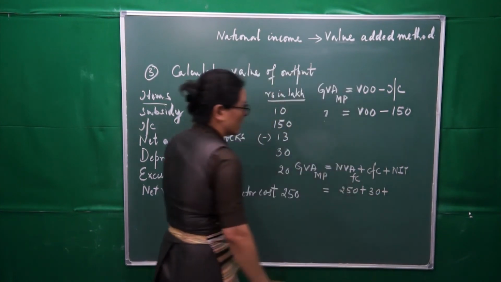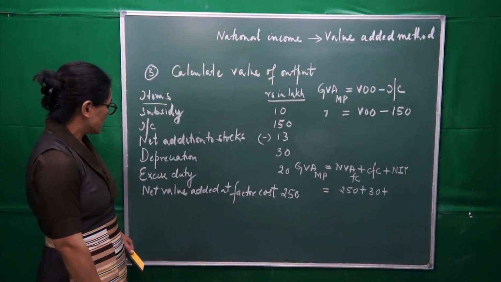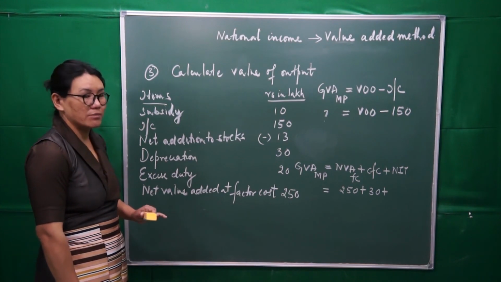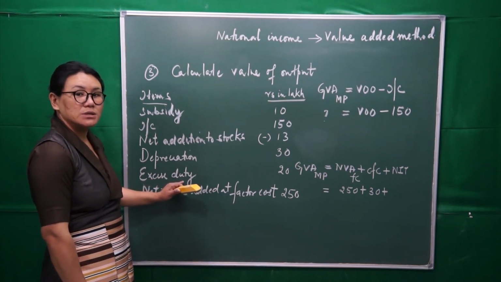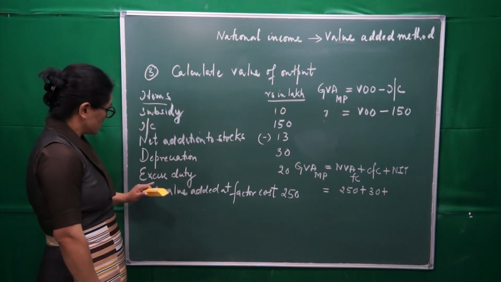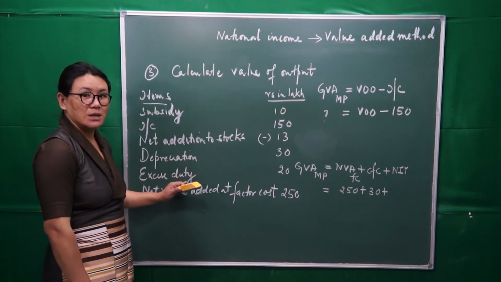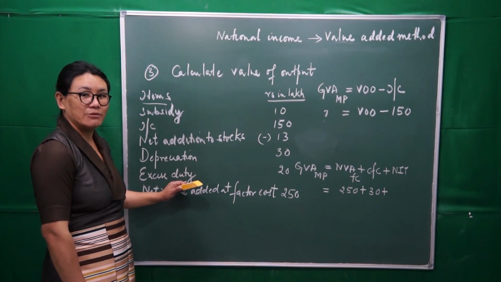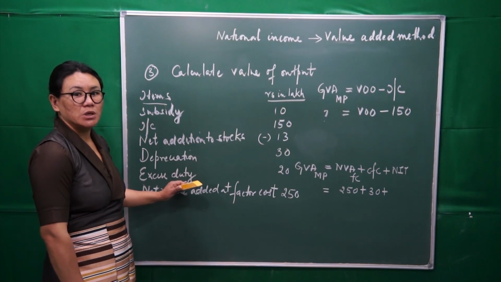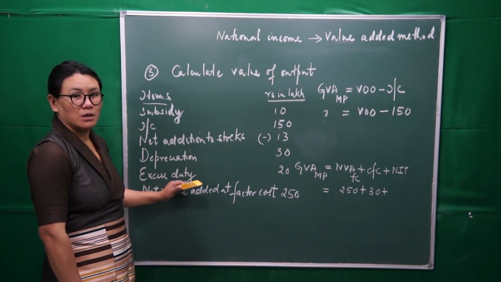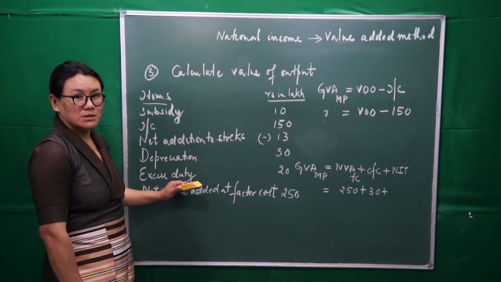Plus IT. IT example is given: excise duty. In economics, duty is a tax. So what is excise duty? A tax which is imposed on manufactured goods. We can say it is a production tax. It is not a sales tax.